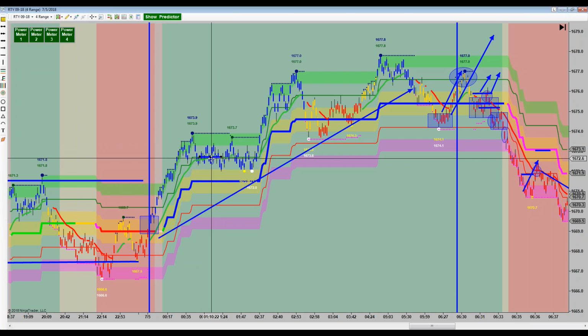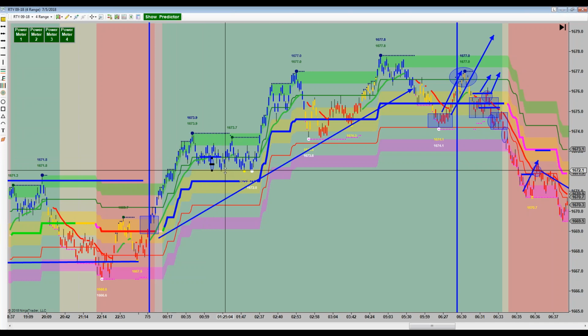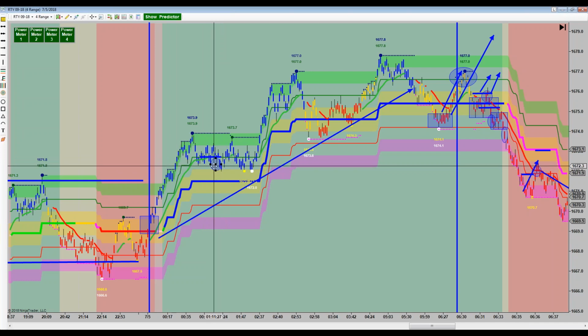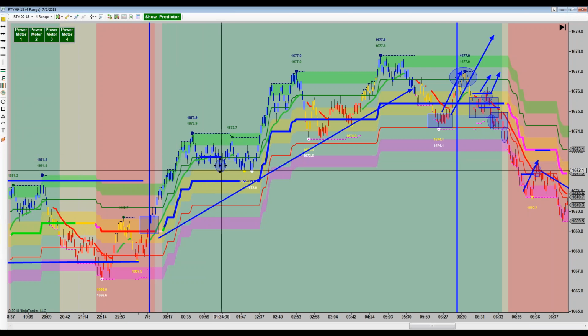Line 6 is at the top of the 6th band. You might not have got here, but it definitely wicked you out right here. Right over here, this one would have definitely got you, because it pierced line 5. So that's kind of the line in the sand there.